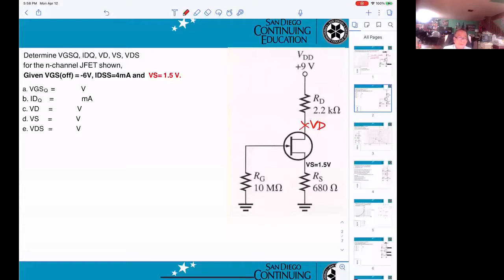If they give you VD, how can you calculate the current ID?